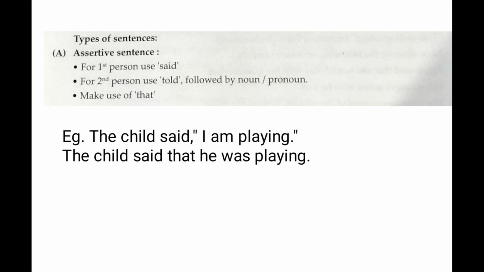And according to the tenses, the changes will be done while converting from direct to indirect. Then the next type is the exclamatory sentence. Here we will use the word exclaimed, and that also we will use over there. And according to the tenses, we will make changes while converting from direct to indirect.